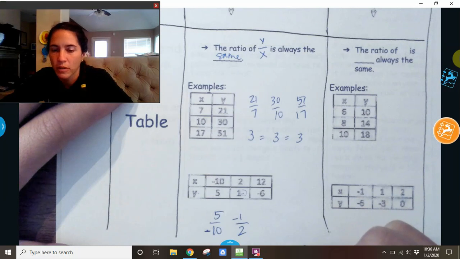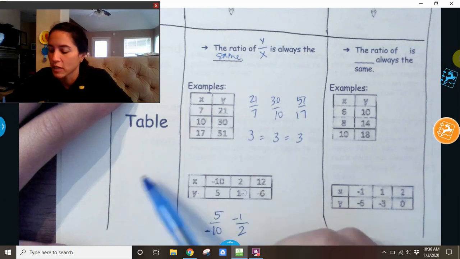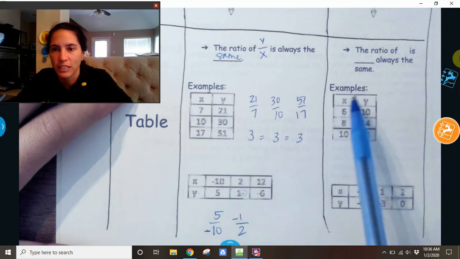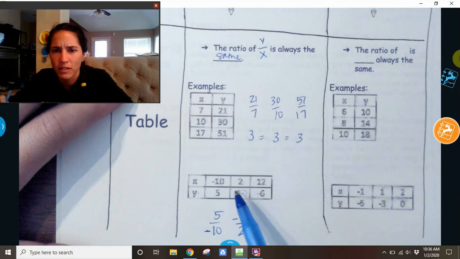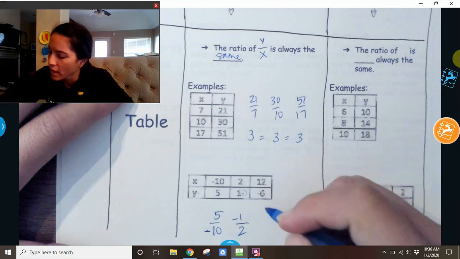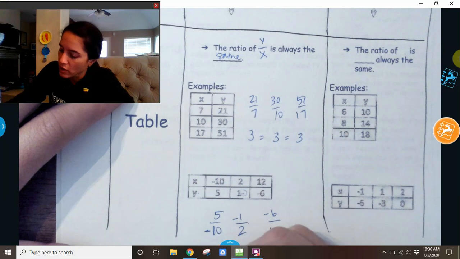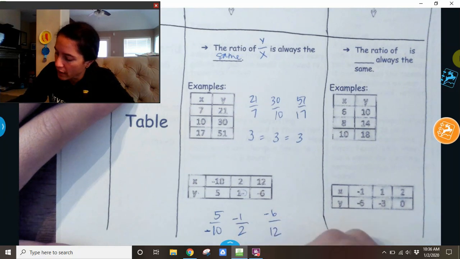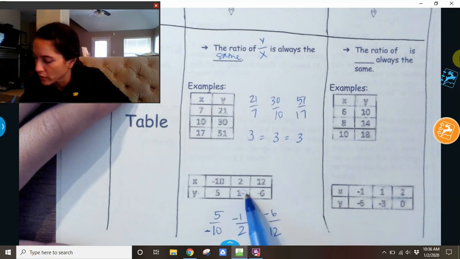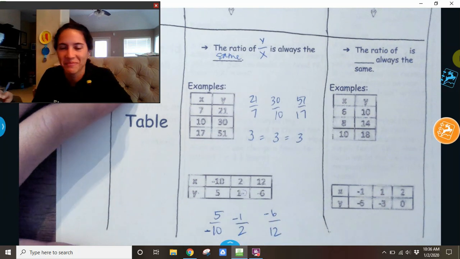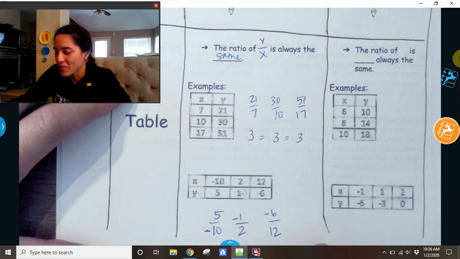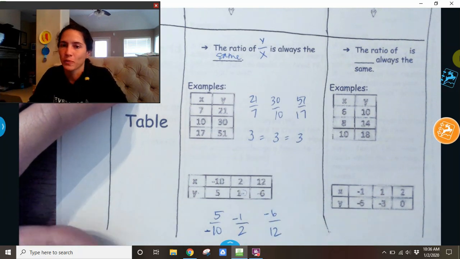My printer, as you can tell, didn't print my lines, so I'm not exactly sure what's going on right there. And then I have negative 6 over 12. I can reduce all these to negative 1/2. So all of these are equal, which means it is proportional.